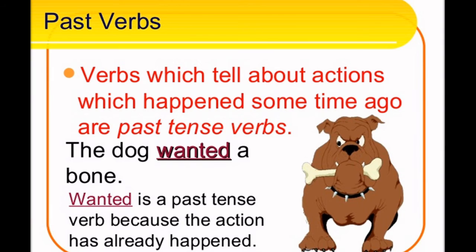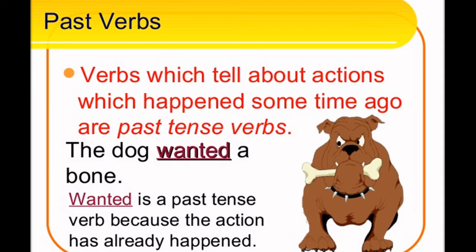Next is past verbs. Verbs which tell about actions which happened some time ago are past tense verbs. So with the definition of past tense, similarly, whenever our action happened some time ago, then it will be considered as a past tense verb.